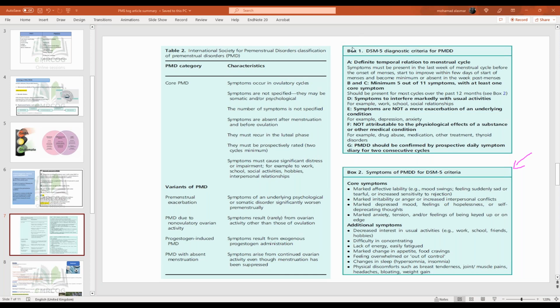So this is simply the criteria. These are tick boxes; this DSM-5 form is a big form with many pages, and the practitioner will tick the boxes to find how many symptoms this patient has to match the diagnosis of PMDD. Clear so far?